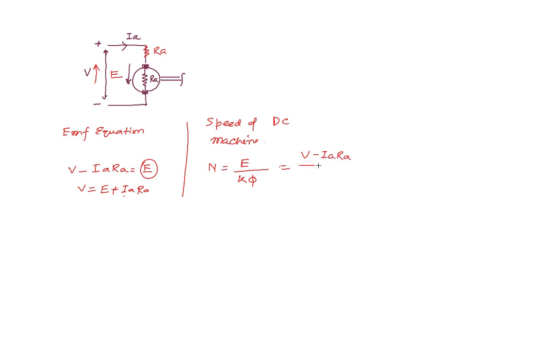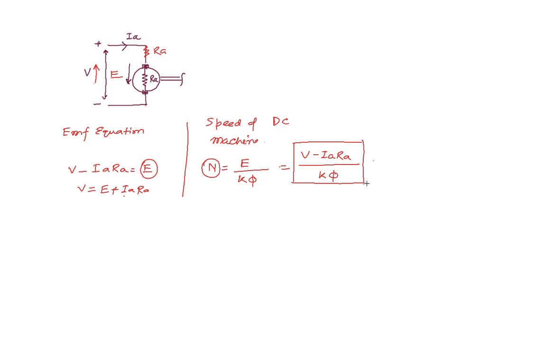Instead of E, I can put V minus IARA by K into phi. So N is equal to V minus IARA by K phi, which is the basic equation for the speed.